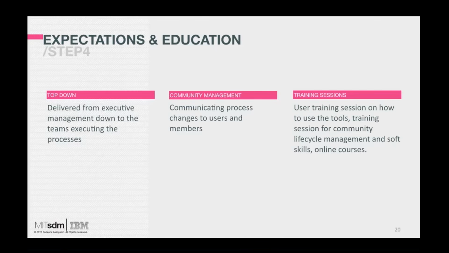Some used a community management approach. For Bosch, a community manager was assigned to improving this process, and they would be responsible for communicating and educating users on the expectations. And others used training sessions. In fact, a number of them cited using training sessions specific to the process to help their users understand how to use the tools and how to benefit from them.